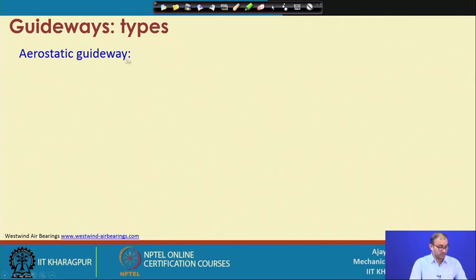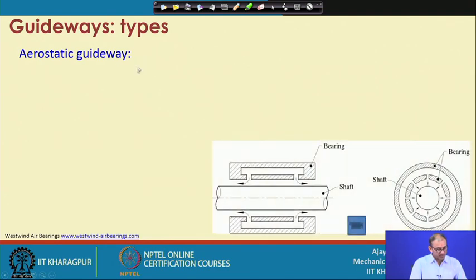Right. Now, coming to the aerostatic guideway. So, what is the aerostatic guideway? The only difference between the hydrostatic guideway and the aerostatic guideway is that you are using air in place of liquid. So this is the same thing. Consider this is the shaft, this is the bearing, and this is the same base. Here you are putting air.